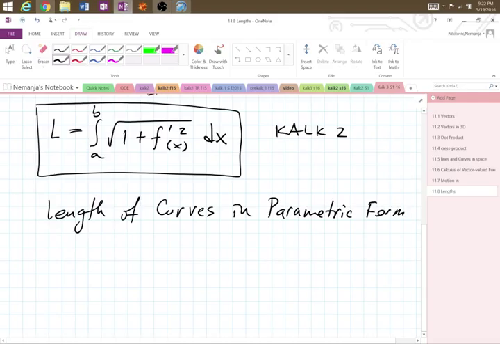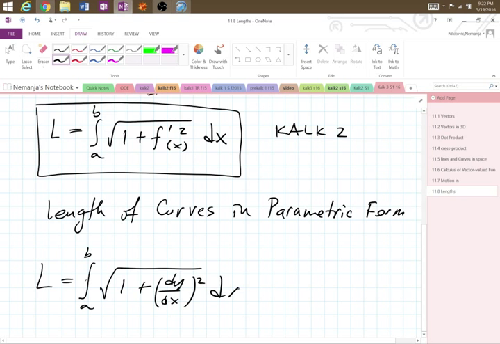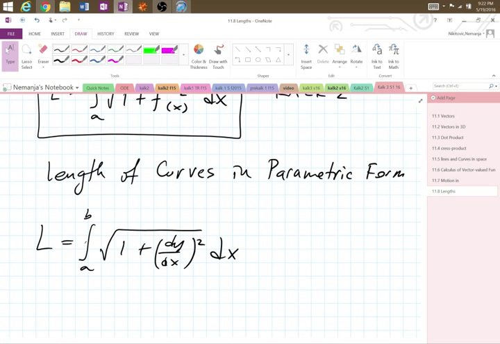We start with the regular length equation we just derived. Let's write it as dy dx squared, Leibniz notation. And what I'm going to do is multiply this by dt over dt. That's all I'm doing.